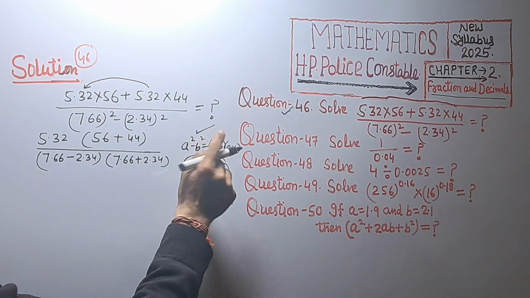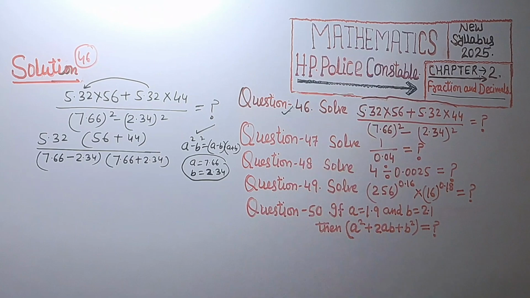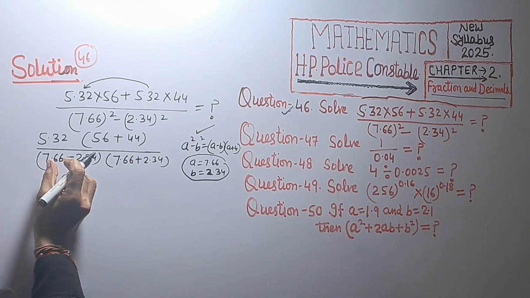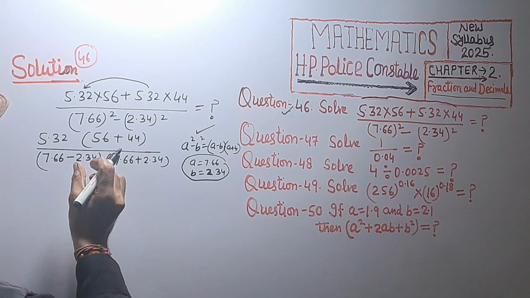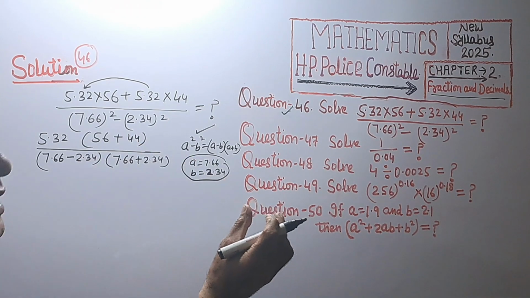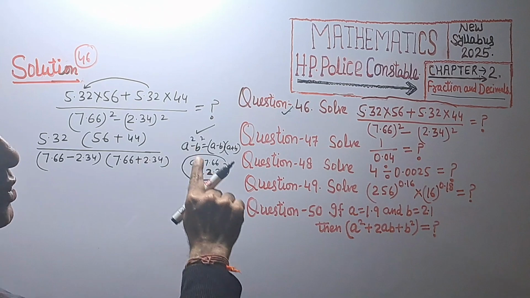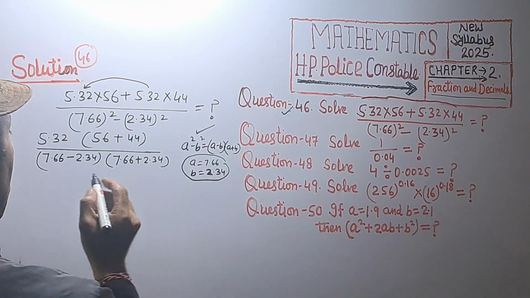Then the a square minus b square formula is a minus b into a plus b. So a minus b is 7.66 minus 2.34 and a plus b is 7.66 plus 2.34.